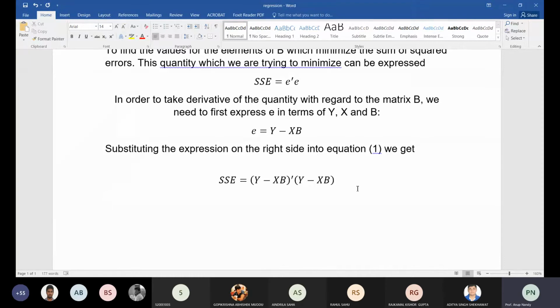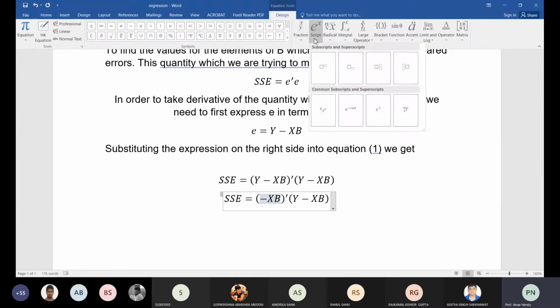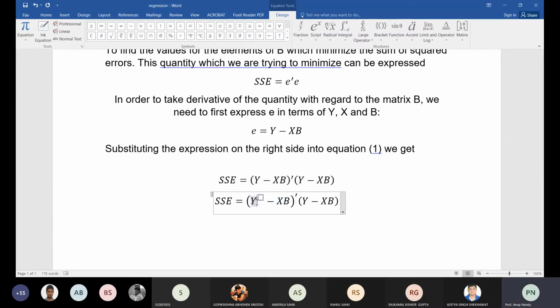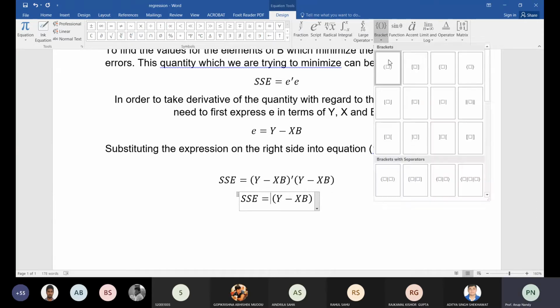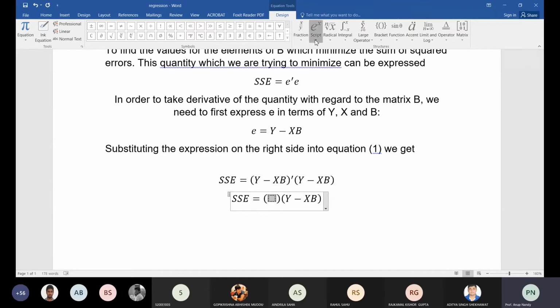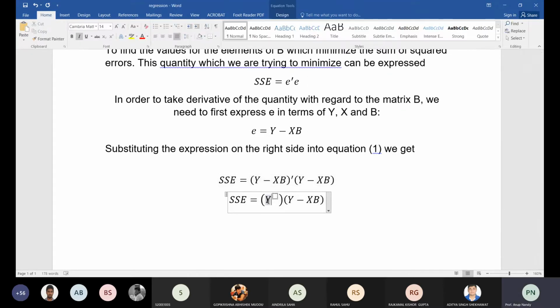It can be distributed as SSE is equal to y transpose minus B transpose X transpose.